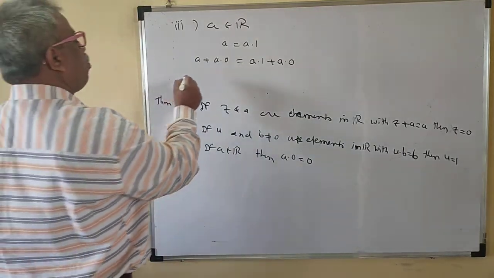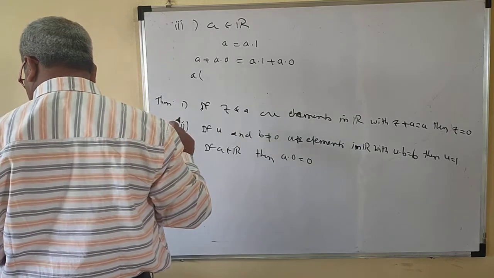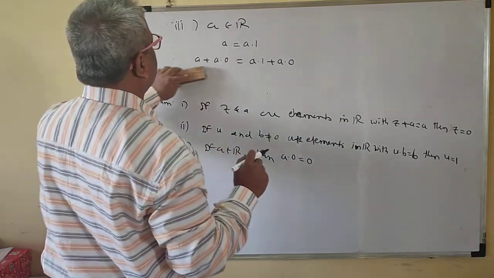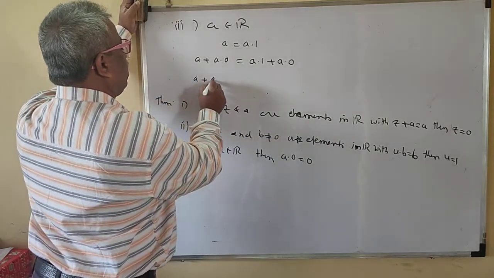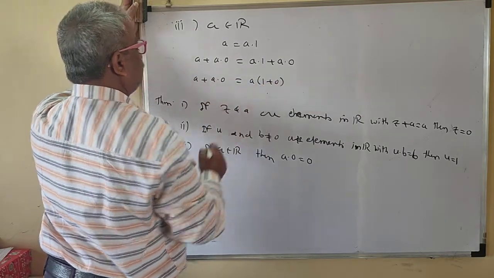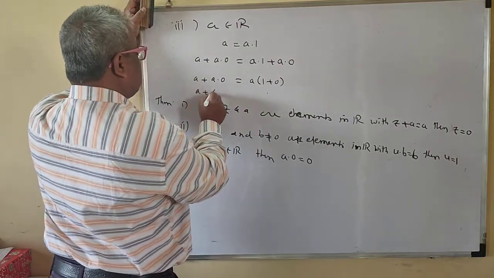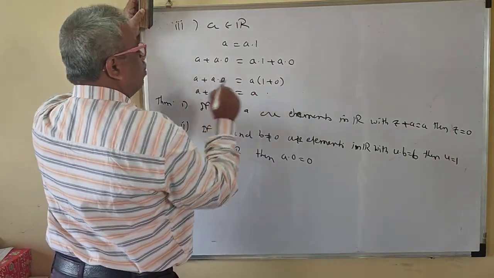So I take A common here, and what I get, A plus A into 0 is equal to A into 1 plus 0. So this is A plus A into 0 is A now.